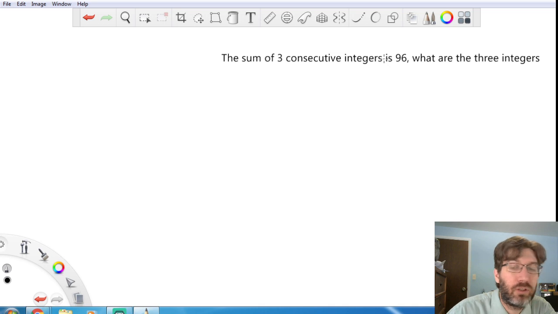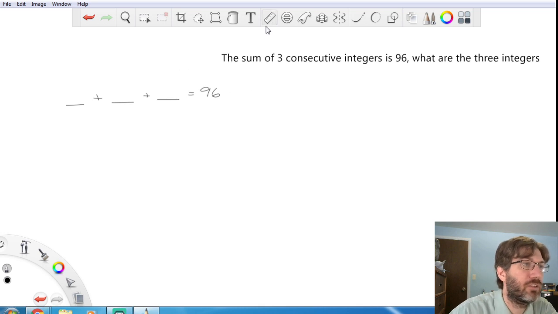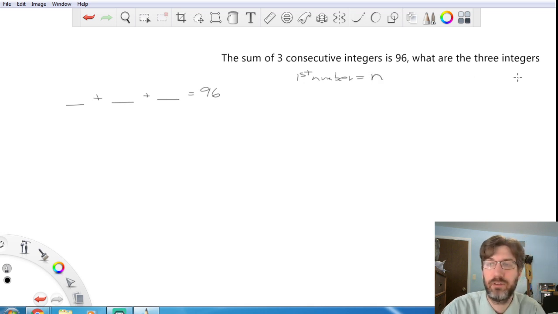So when you go ahead and set up the equation for this, I know 3 numbers added together has to equal 96 here, and they have to be 3 consecutive integers. So let's say I want the first integer. The first number, I'm going to call n.